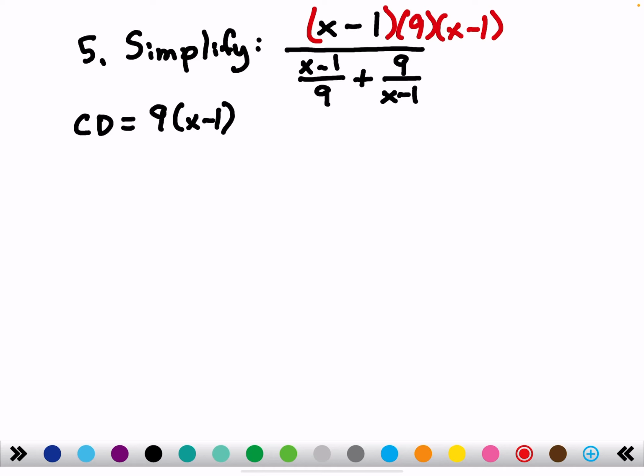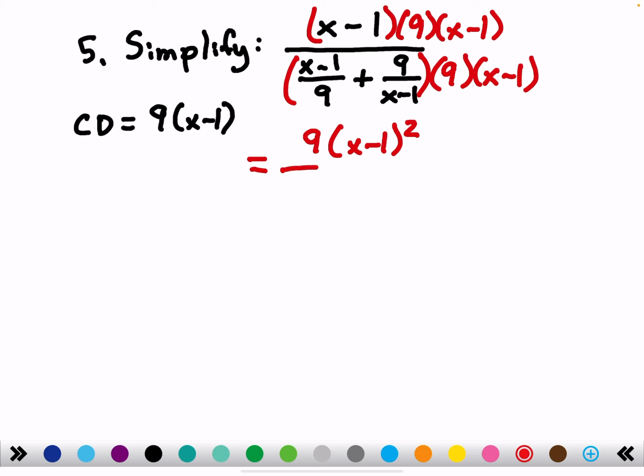So in the numerator, it's x minus 1 times 9 times x minus 1. In the denominator, x minus 1 over 9 plus 9 over x minus 1, times 9 over x minus 1. So in the numerator, that'll give us 9 times x minus 1 quantity squared.